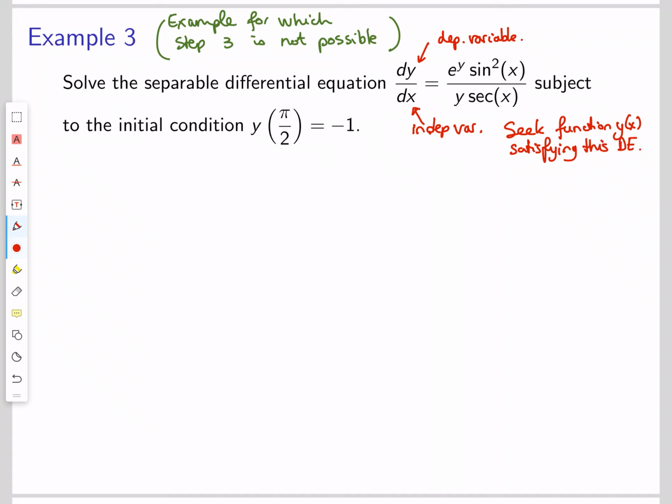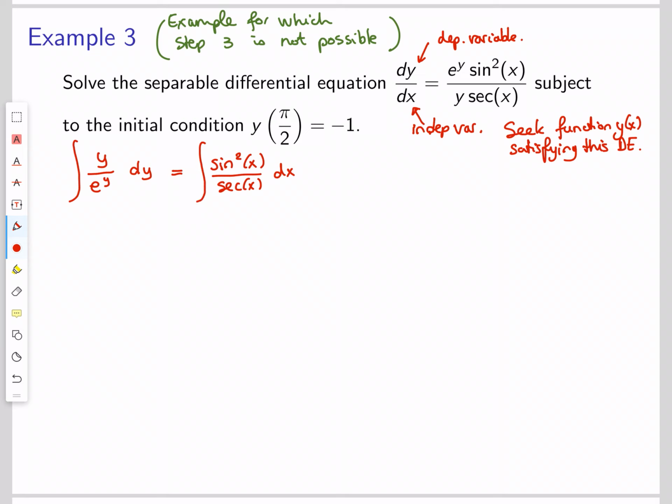The first step is to separate the variables, and so I'm going to put all the y's on the left-hand side. It's easier if I do y in the numerator, e to the y in the denominator, times dy, is equal to sine squared of x over the secant of x times dx. That equation in itself is meaningless until you integrate both sides.